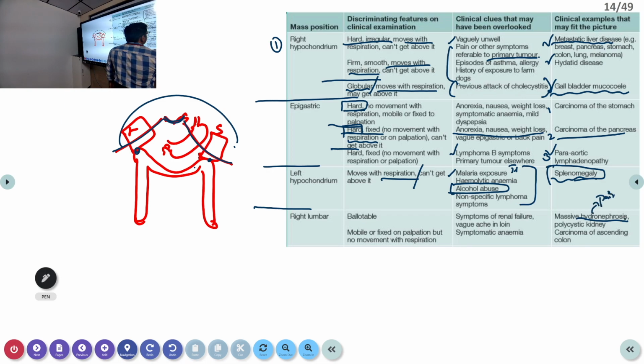In polycystic kidney, the patient may not have pain, as there may be multiple cysts in the kidney. It is very rare that you will be given a case of hydronephrosis, mainly because there will be obstruction in the ureter, and the patient will be in pain. So you may not get a case of hydronephrosis.